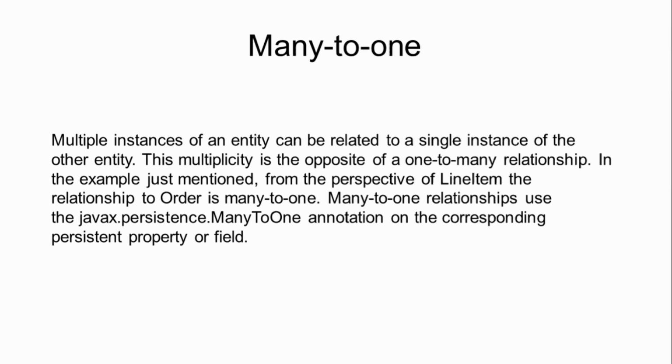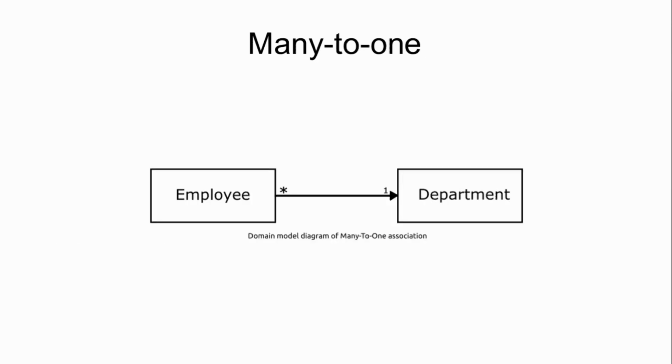In the example just mentioned, from the perspective of line item, the relationship to a single order is many to one. Many-to-one relationships use the javax.persistence ManyToOne annotation on the corresponding persistent property or field, as with other relationships.